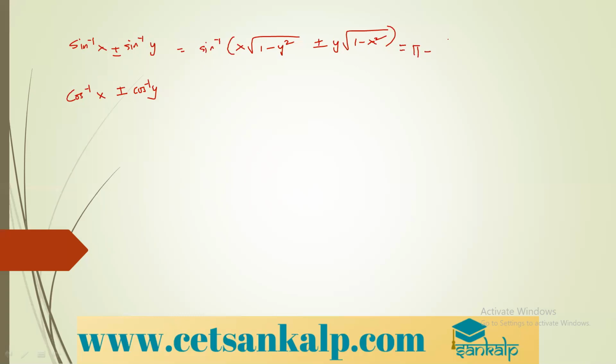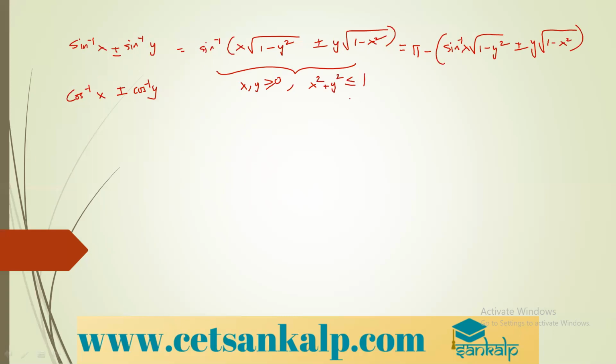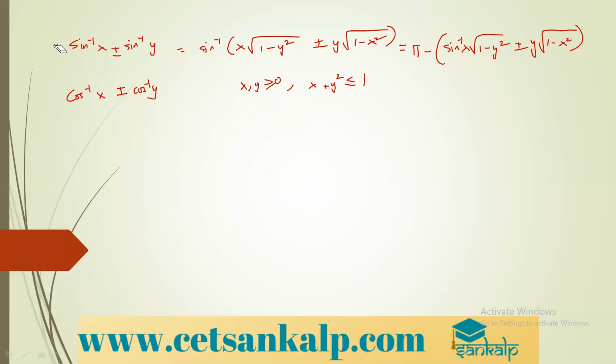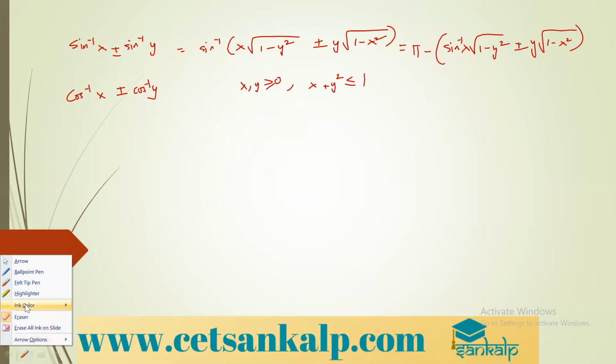That is pi minus sine inverse (x root 1 minus y square plus or minus y root 1 minus x square). For this formula, the condition is x and y should be greater than or equal to 0, and x square plus y square should be less than or equal to 1. If this condition is satisfied, then we can use the second formula.